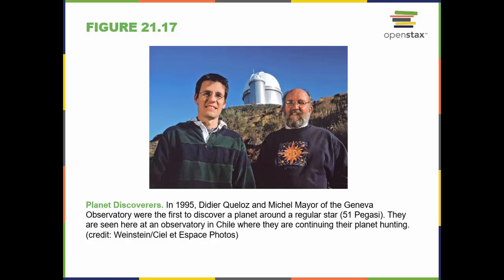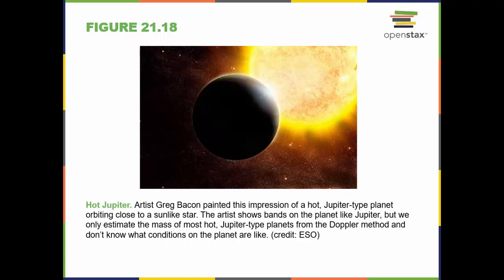In 1995, two astronomers of the Geneva Observatory were the first to discover a planet around a regular star. They are seen here at the observatory in Chile, where they continue to do their planet hunting. Here we see an artist's impression of a hot Jupiter-type planet orbiting close to a sun-like star.